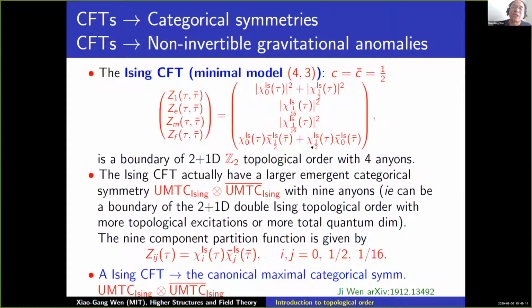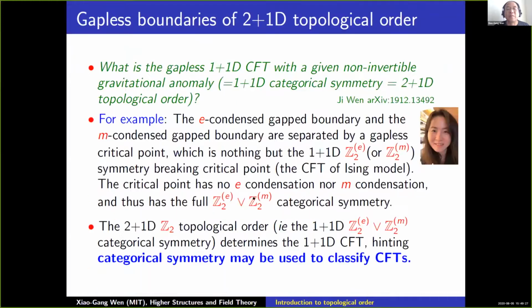But actually, there's another idea, again using symmetry. In some sense, the categorical symmetry can be viewed as an emergent symmetry of the Ising model. Let me come to this point. We say that the critical point has this categorical symmetry, which means it has a Z2 symmetry of conservation of E. This is well known, because the Ising model has Z2 symmetry, so the CFT of its phase transition also has Z2 symmetry.